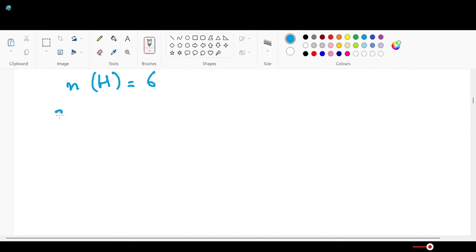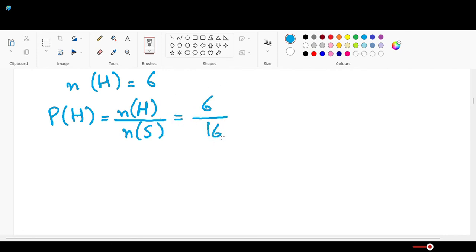Now the probability of event H taking place is equal to the number of elements in event H over the number of elements in the sample space, which is 6 over 16. We know that we can divide this, right?